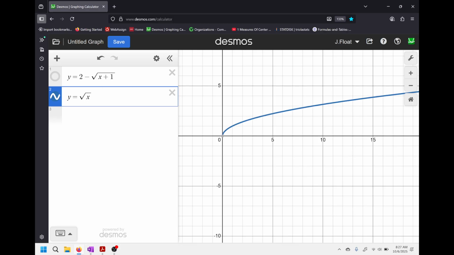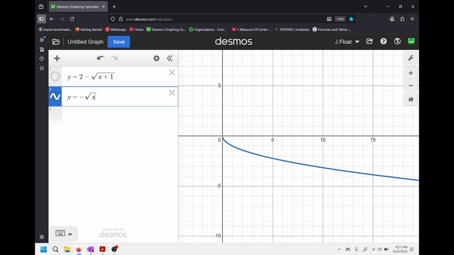Now, if we think about the process in which we do this, we identify the parent function, then we do reflections, right? So we know we have a minus sign out front. So let's put a minus sign out front. Now we get that. Then we worry about stretches or shrinks, but we don't have that here.